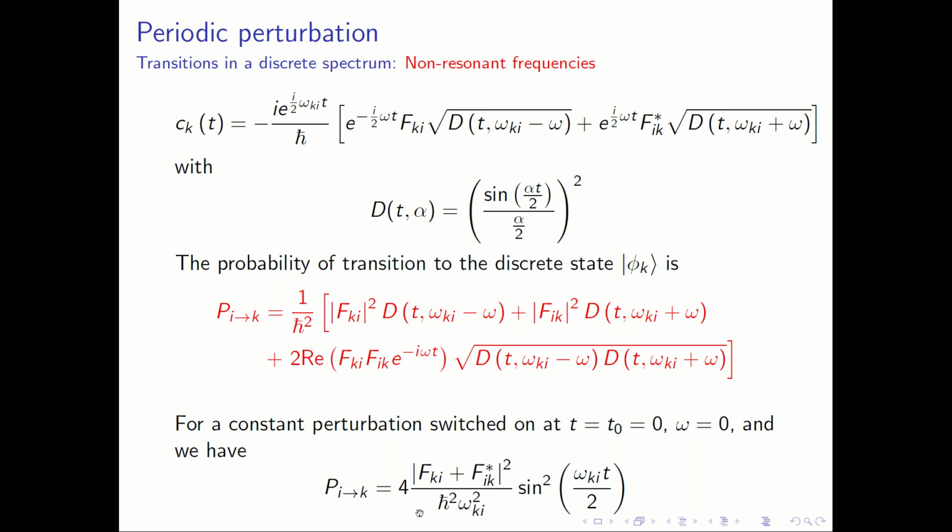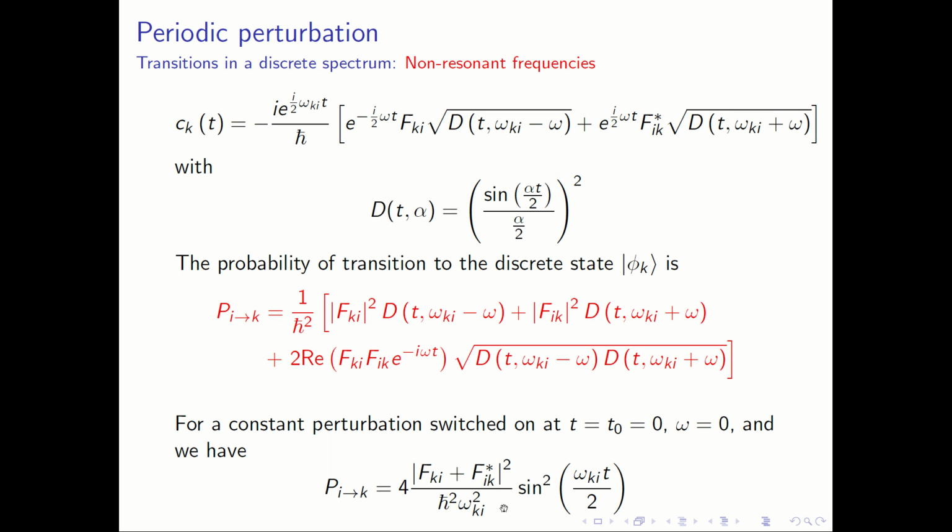It's pretty easy to figure out that this is what your final answer is going to be. After all, when omega is 0, this is 1, this is 1. You essentially have fki plus f star ik into square root of dt omega ki, and when you take the mod square of that, the h cross square was already there, and all these other factors 4 by omega ki square, all of them come from dt alpha. That's it. So this is the probability.